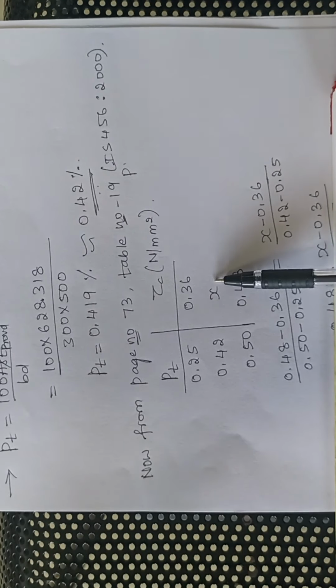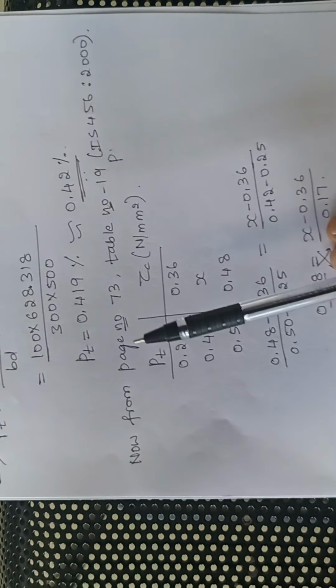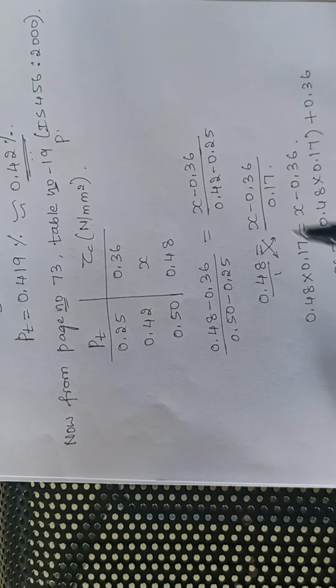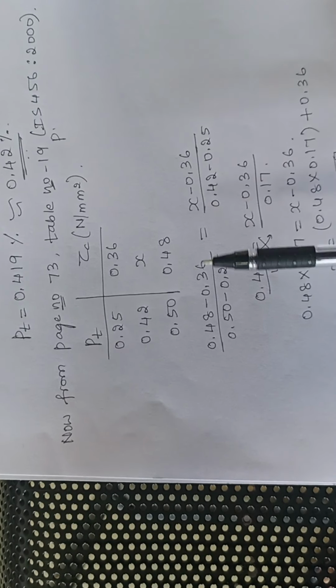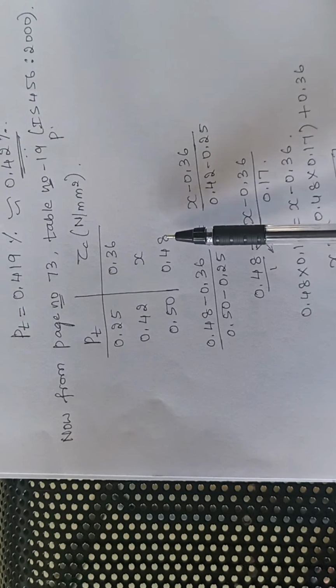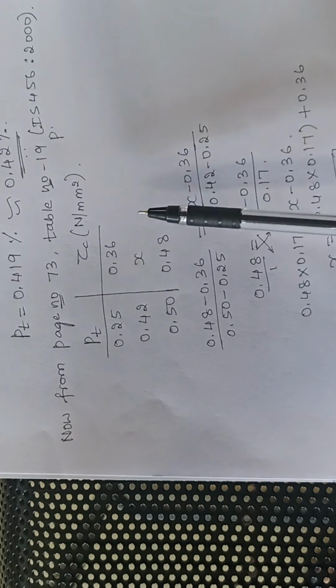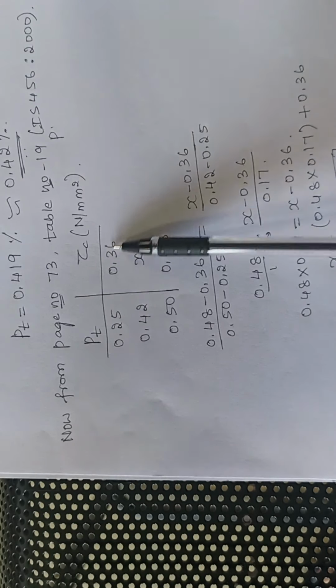We have to find the tau c value for 0.42. Let us keep it as x. Now we have to find the value of x here. So to find the value of x, what do we do? We will be finding the value of x by the interpolation method. So in the interpolation method, what we first do is, we will first subtract the least value of tau c from the higher value.